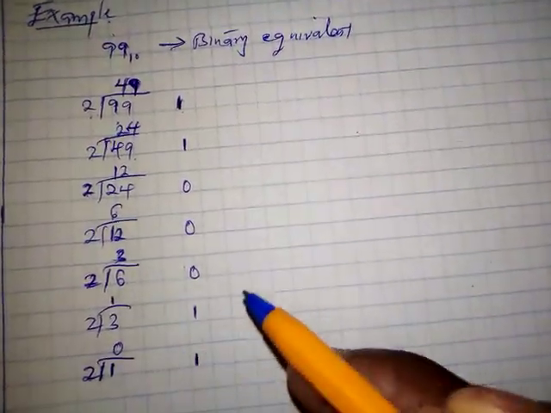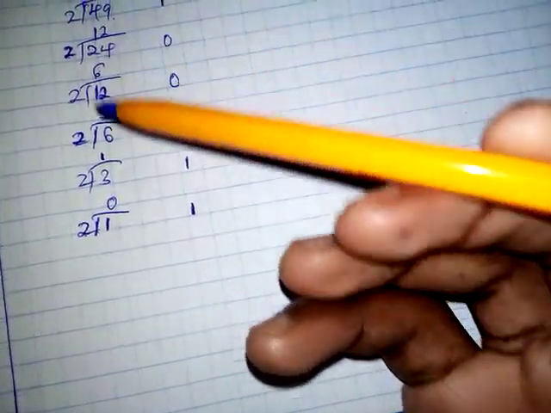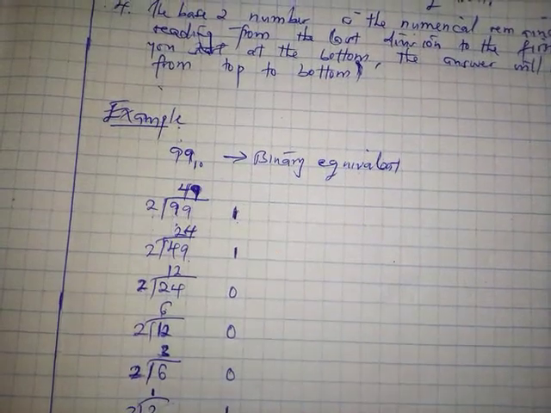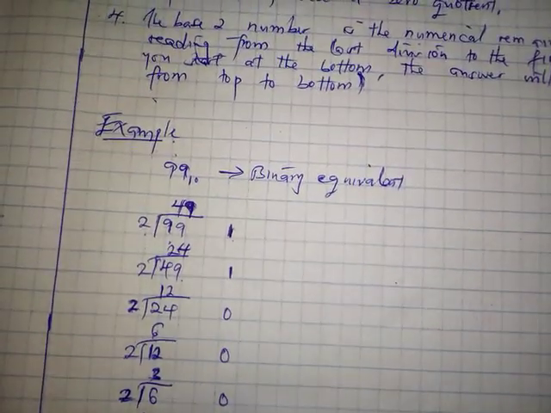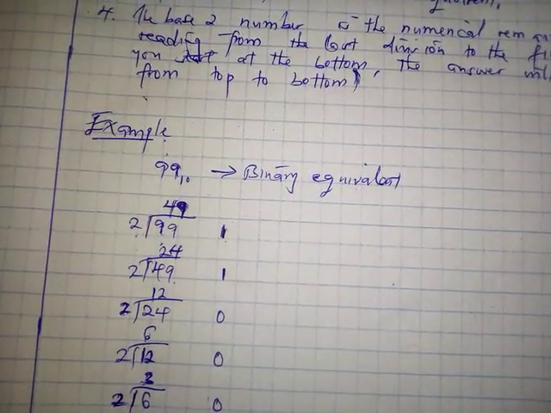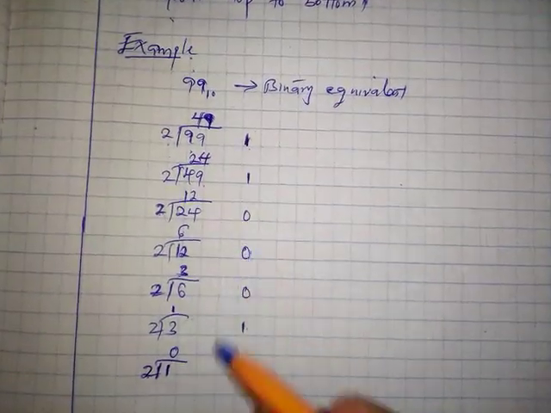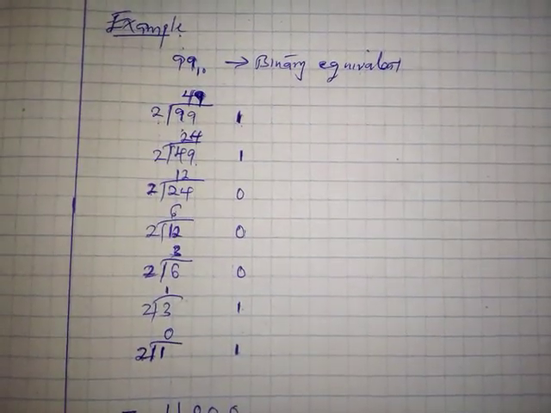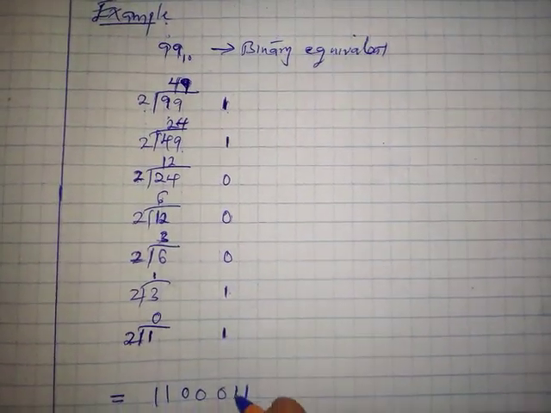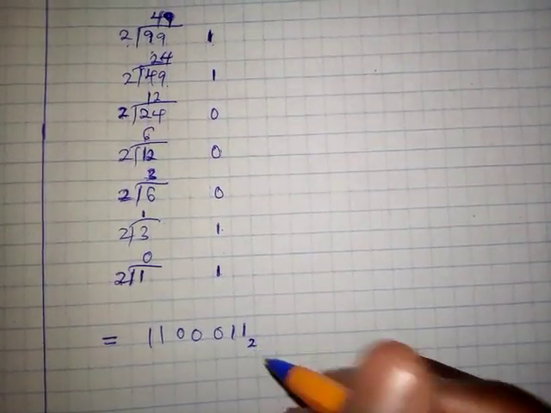Since I started my divide operation from top to bottom, I will read my answer from bottom to the top. So my binary equivalent will be 1 1 0 0 0 0 0 1 1, and that is the answer.